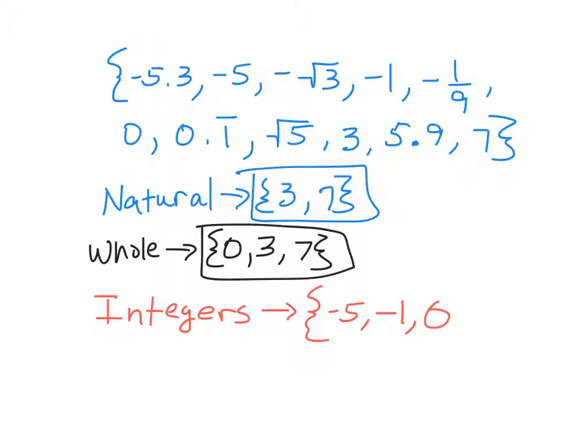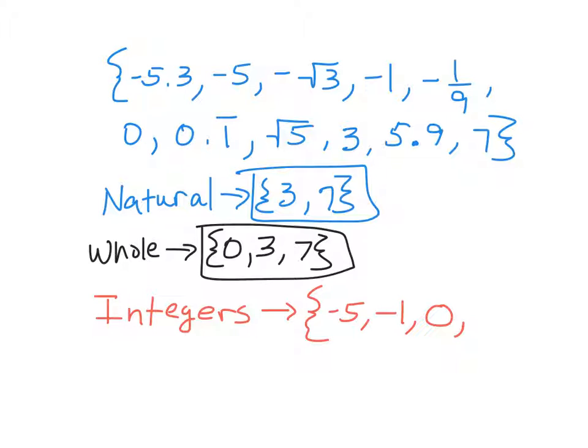That's supposed to be a 0. It looks about like a 6. There. Okay. 0.1 repeating. Why not? There's a decimal. Square root of 5. No. Why not?